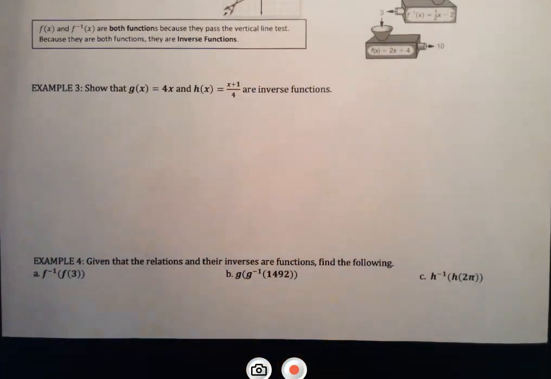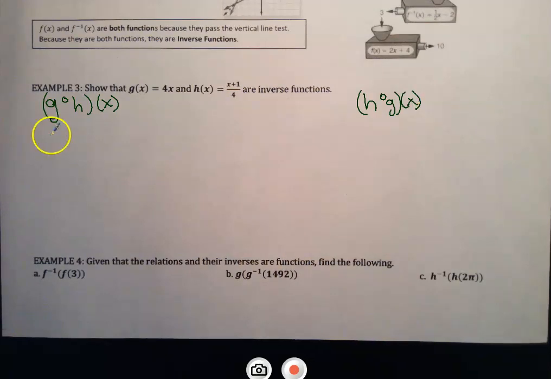We need to solve g of h of x and h of g of x to prove that they're inverses, because we should get the same thing. We should get x for both. So let's set that up.